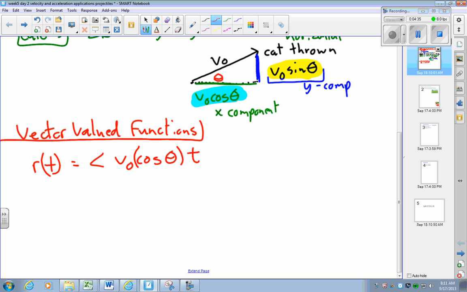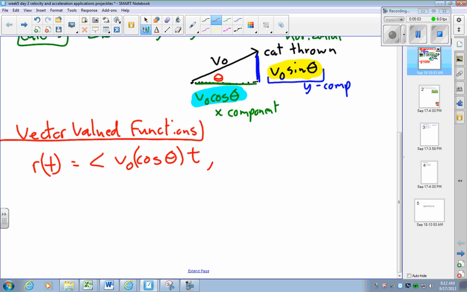So that amount of the initial velocity, the cosine amount, is how powerful you are throwing it left and right. Only the cosine part talks to you about how much oomph you're throwing it left and right. Anything vertical has no effect on the horizontal. And likewise, anything horizontal has no effect on the vertical.